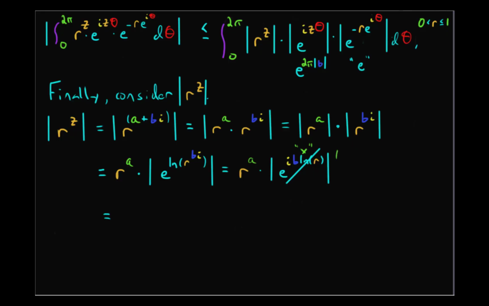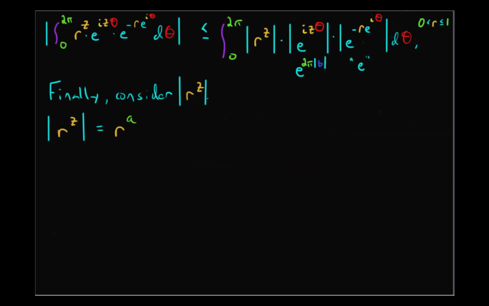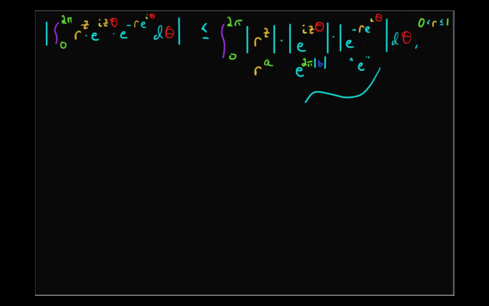So we see finally that the modulus of r to the z, where z is a complex number, just reduces down to r to the a, where a is equal to the real part of z. So we found that the modulus of r to the z can be no greater than r to the a, where a is the real part of z. In fact, it equals r to the a.